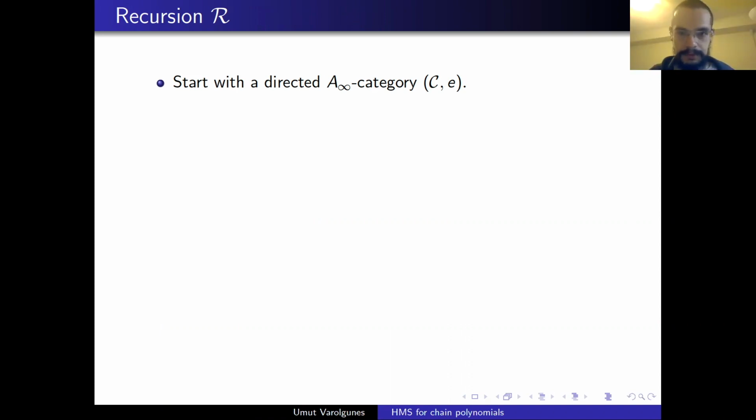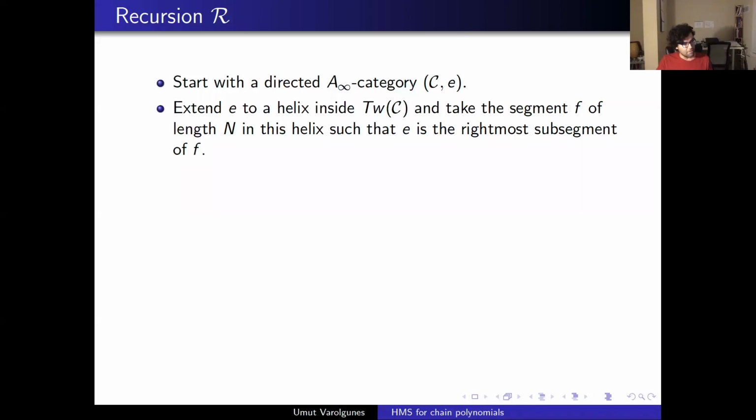Okay, great. Start with any directed A infinity category. So this is just finitely many objects and the morphisms go only in one direction. Now I will explain what extending a helix means. You take the triangulated closure of this directed A infinity category, and then the exceptional collection canonically extends to an infinite collection of objects, in a way that I will describe. And then you take a longer subsegment of this infinite collection than the exceptional collection that we started with.